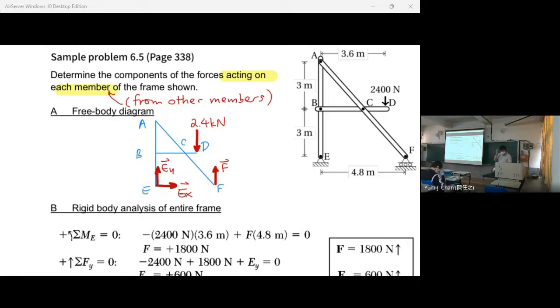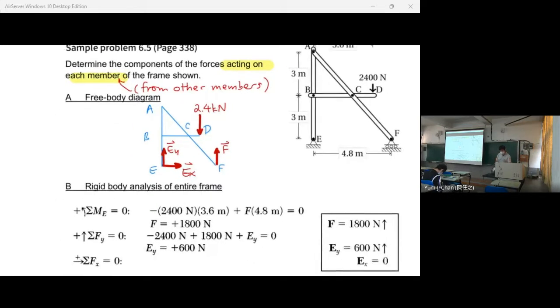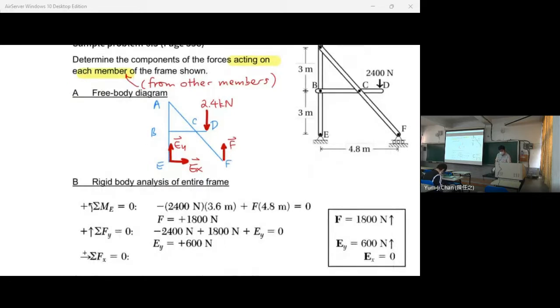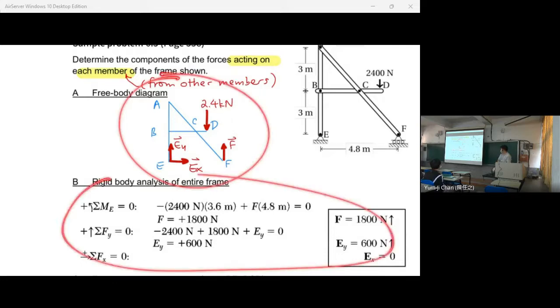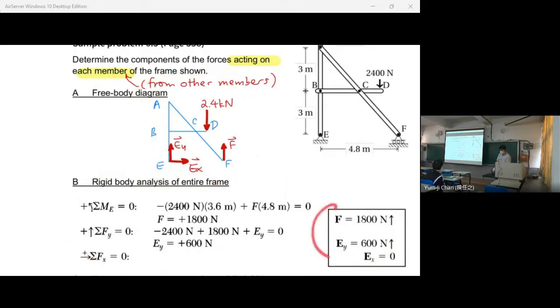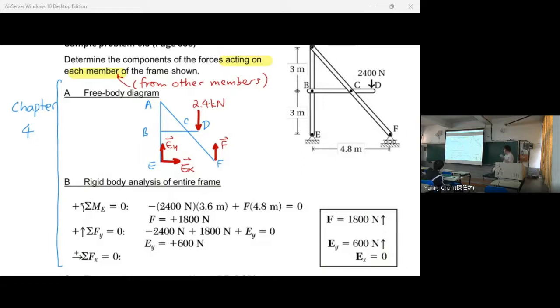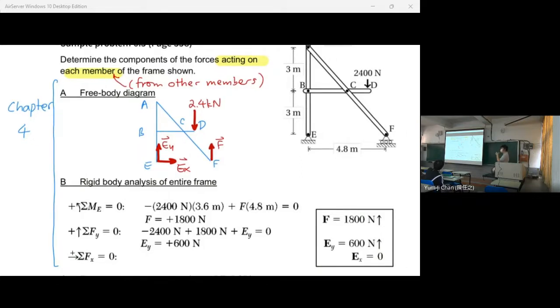Now, if you are fine, then I'll stay here for a minute. Then after drawing the free body diagram, you guess the support forces. These are from chapter 4, and if you are not familiar with this, do more exercises on this.